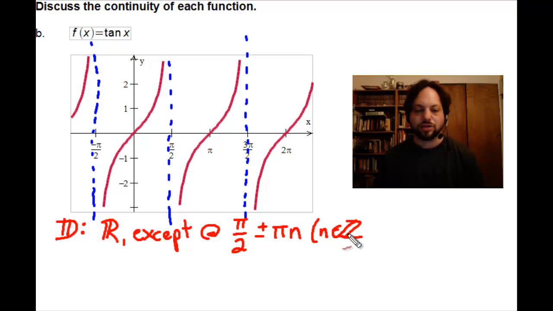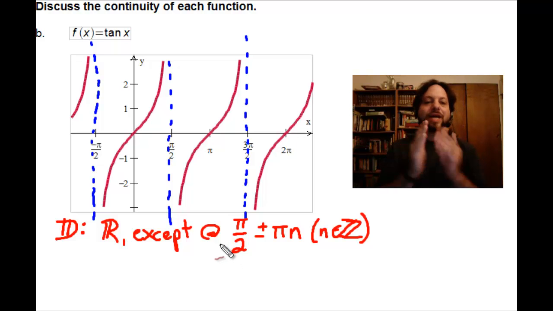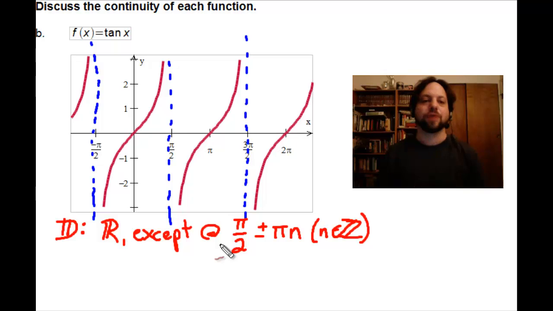So, I didn't draw my double bar Z too well there, but I think you know where I'm going with this. So our domain is all real numbers except for pi over 2, 3 pi over 2, 5 pi over 2, 7 pi over 2. All of these, and they're all separated by 1 pi. So that's what this second part of this exception is.